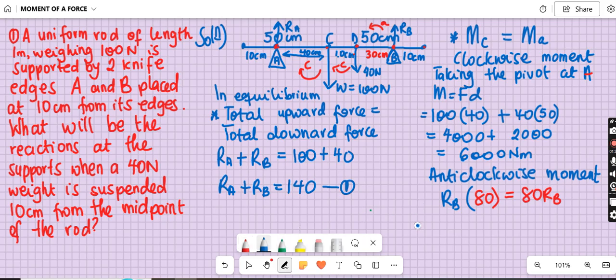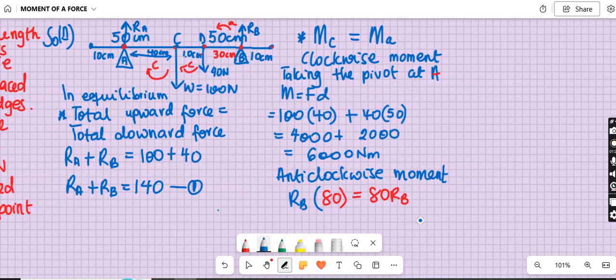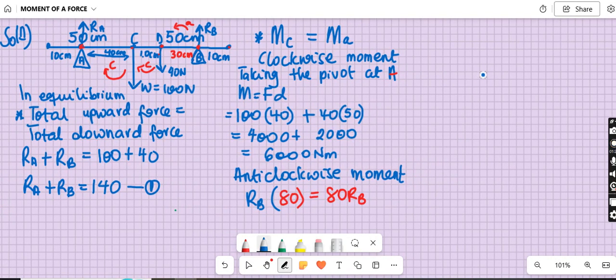Okay. So in equilibrium, we are saying that the anti-clockwise moment should be equal to the clockwise moment. We have already established here that the sum of the clockwise moments should be equal to the sum of the anti-clockwise moments. Let me put sum here so we don't get this confused.